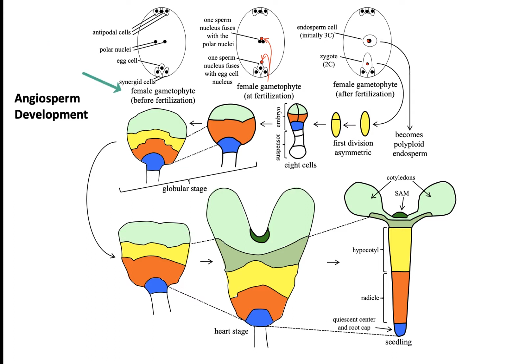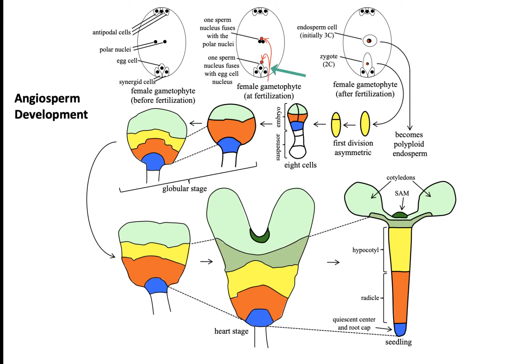So in humans, right, the gametophyte is just simply the sperm or the egg. In the case of plants, the female has a multicellular gametophyte, and there are typically 8 cells: an egg cell with 2 synergids, 2 polar nuclei, and then 3 antipodal cells.